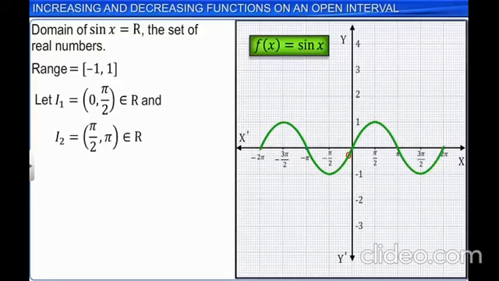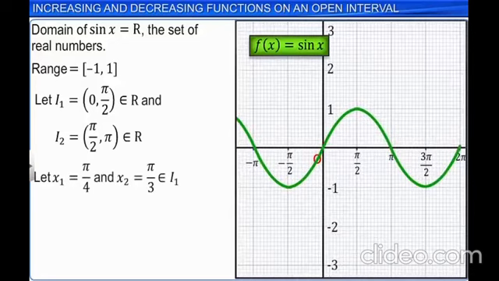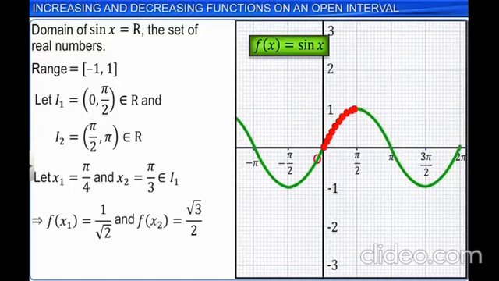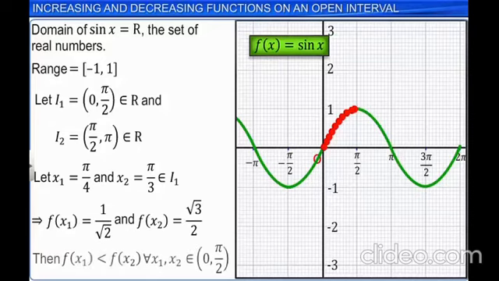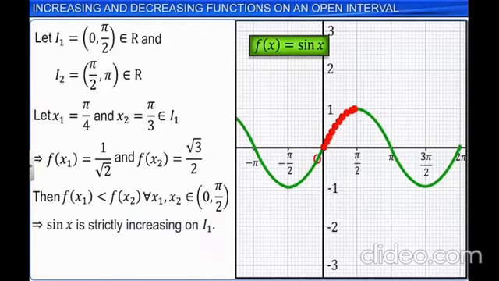If we consider any 2 points, x1 and x2 between 0 and pi/2, such that x1 is less than x2, then f of x1 is less than f of x2. This implies sine x is strictly increasing on interval I1.